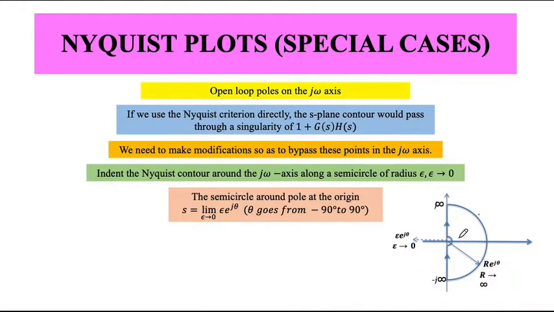Suppose I have a pole at the origin. I take a detour around it, a little semicircle of radius epsilon, with s equal to epsilon e^(j theta), and take the limit as epsilon approaches 0. Written a little more formally, we take a semicircle around the pole at the origin, s equals the limit as epsilon approaches 0 of epsilon e^(j theta), where theta moves from minus 90 to plus 90.